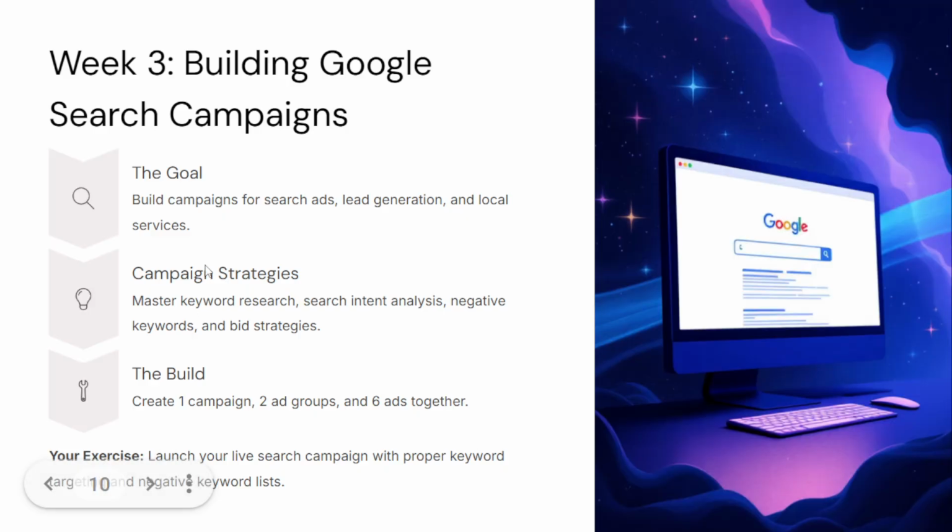In week 3, we are going to be building a Google search campaign for lead gen and local services. We are going to talk about campaign strategies: keyword research, search intent analysis, negative keywords, and bid strategies.